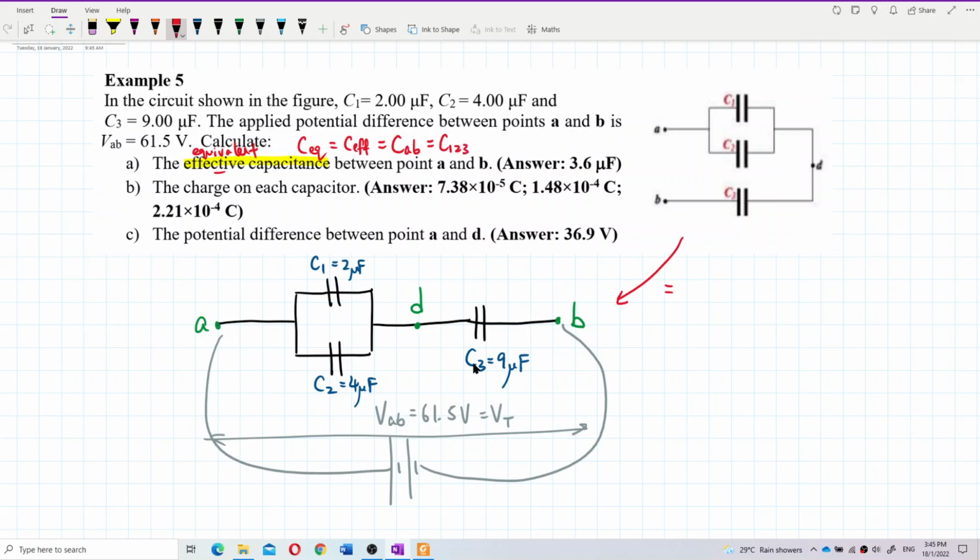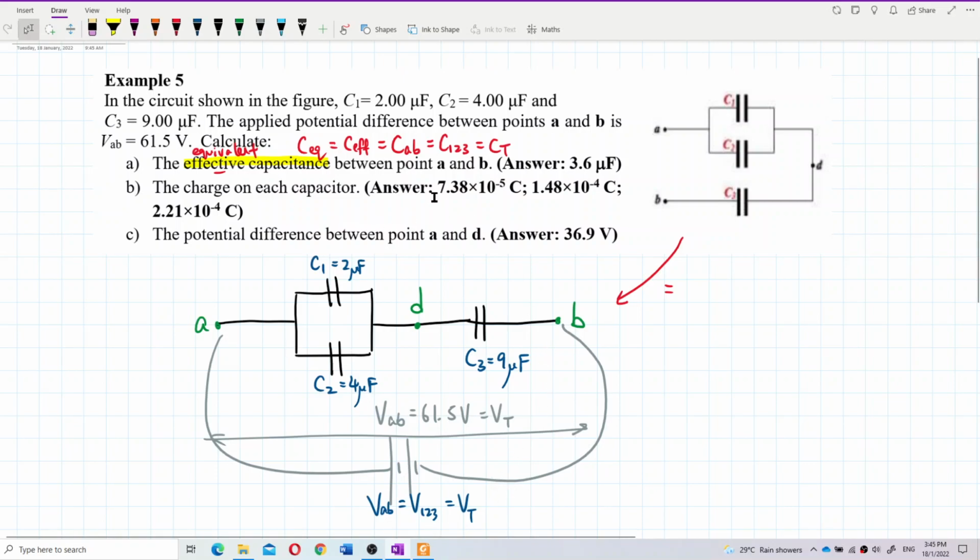You want to put CAB also can, C equivalent also can, C total also can. That is what I mean also by the VAB just now. You want to put it as V123 or V total also can. Whatever. Combine everything.